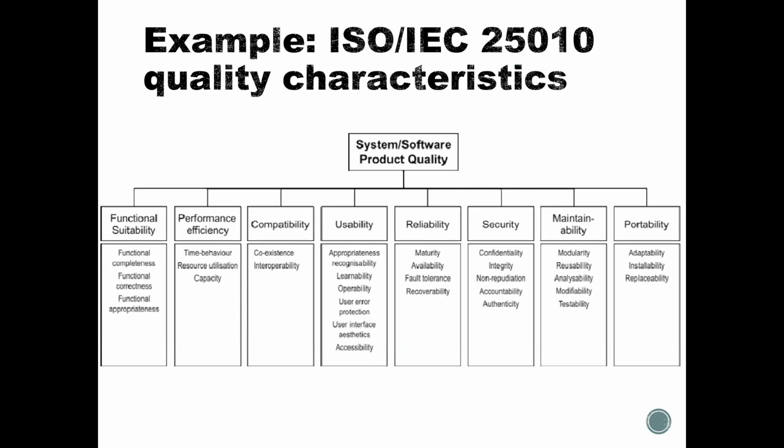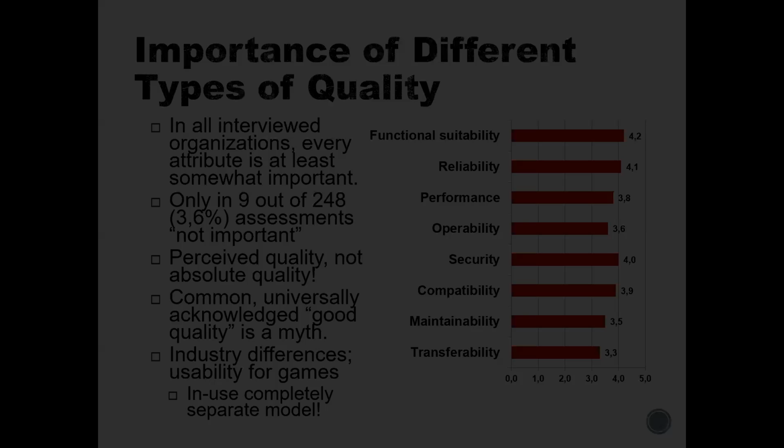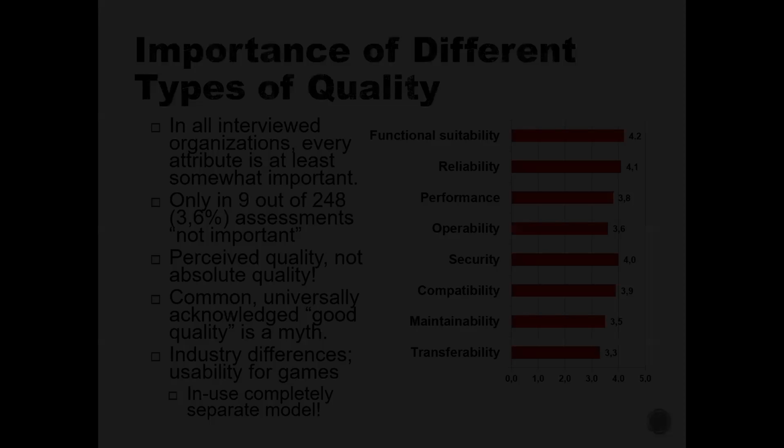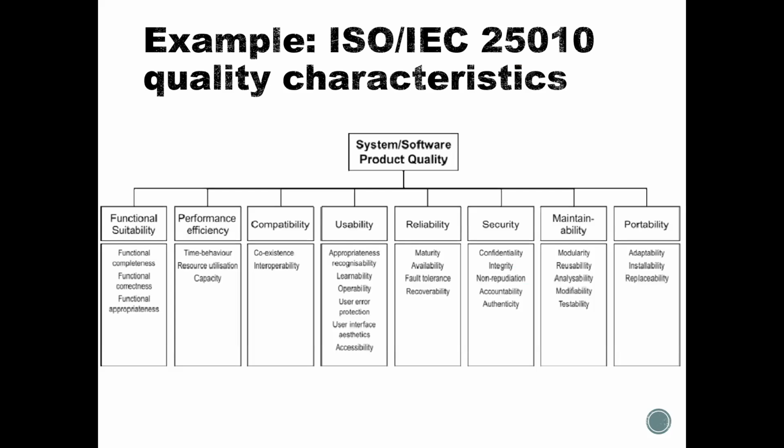Now the next thing is quality models. We have two different models. The first is the system software product quality model, for measuring quality, and the second is the quality in use model or characteristics. We are going to see first the quality characteristics of a product.